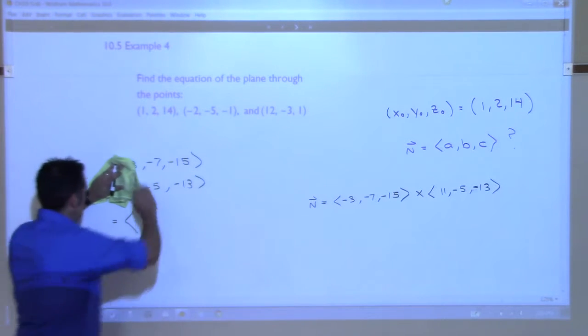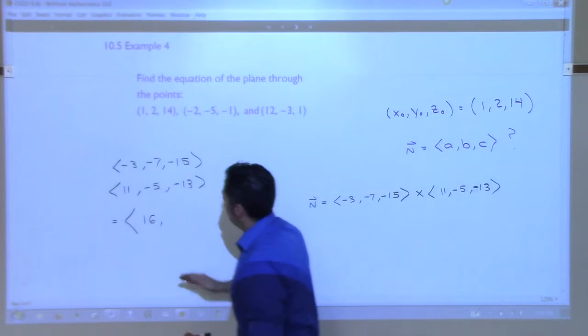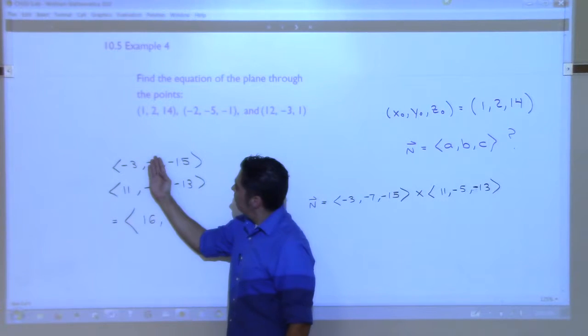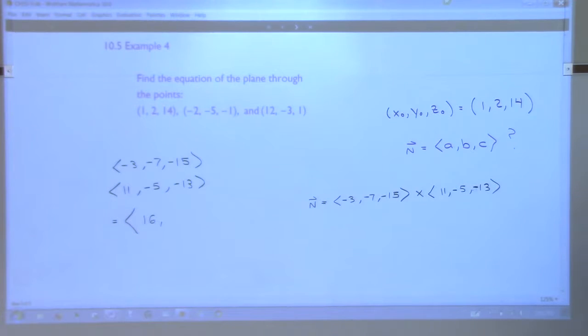Yep. Okay, 16. And then the middle one I cover, 39 plus, I'm getting my calculator out. Is it 115 in the middle? And you changed the sign already? Yes? Oh, okay. So negative 116?